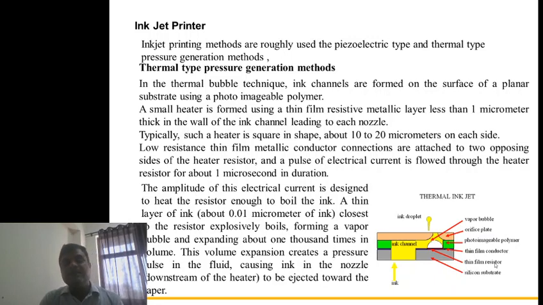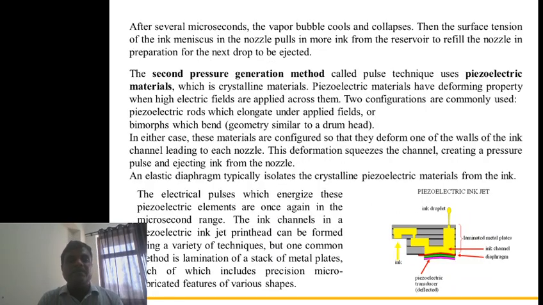In the inkjet printer we are using two types of nozzle. One uses the thermal type, another uses the piezoelectric type. In the next slide we are going to discuss the piezoelectric type. After several microseconds, the vapor bubble cools and collapses. Then the surface tension of the ink diminishes in the nozzle.